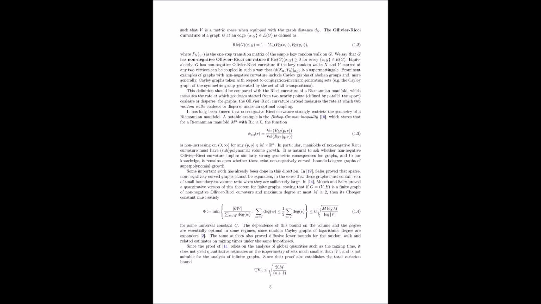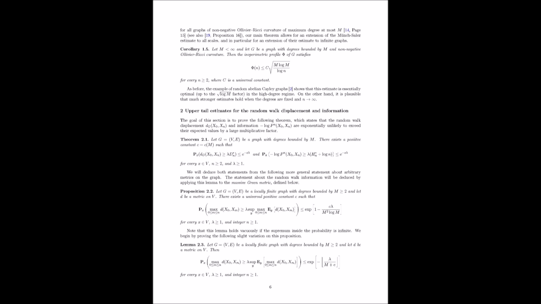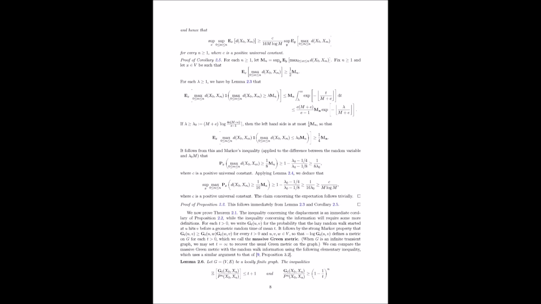Right. So the key insight is to apply Proposition 2.2 to this massive Green metric. By doing so, we get a bound on the maximum massive Green distance a random walk is likely to travel. Then the authors very cleverly relate this bound back to the standard random walk information, and voila, we have our desired exponential tail bound on the information.